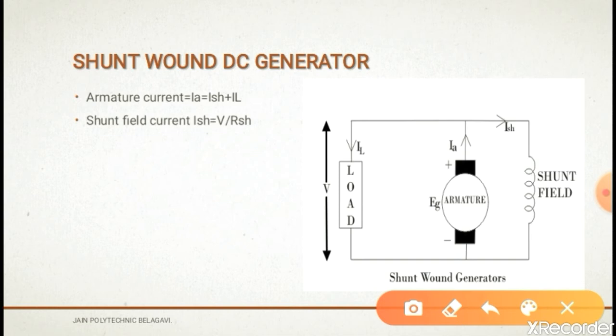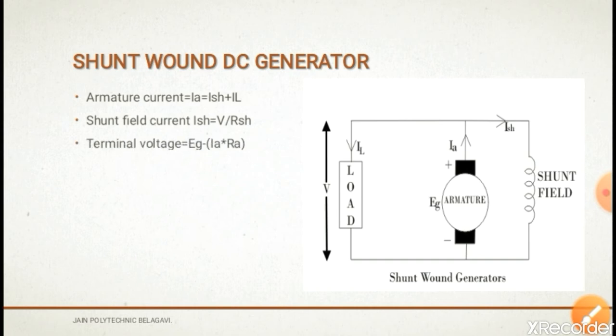This ISH, the current through this shunt field, is given as V divided by RSH. Here V is nothing but the terminal voltage and RSH is the shunt field resistance. The terminal voltage across this load is given as Eg minus Ia into Ra.